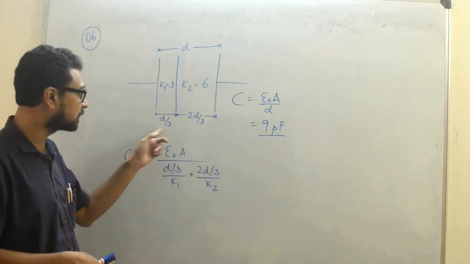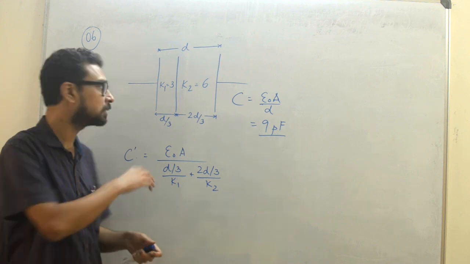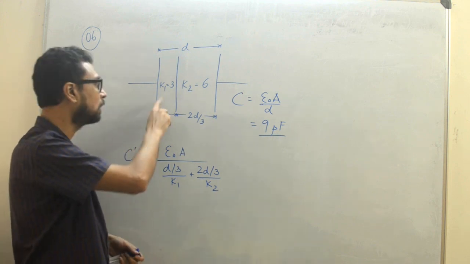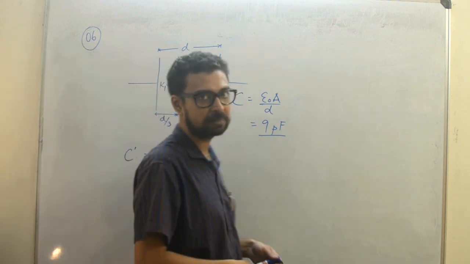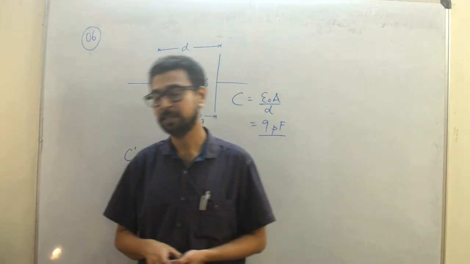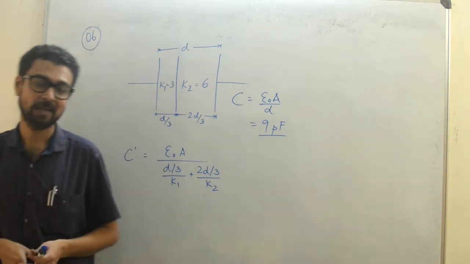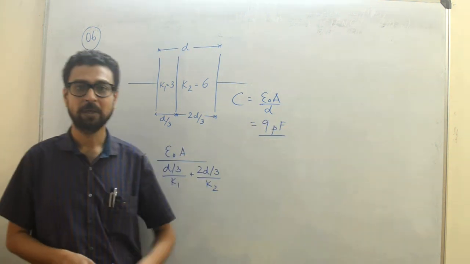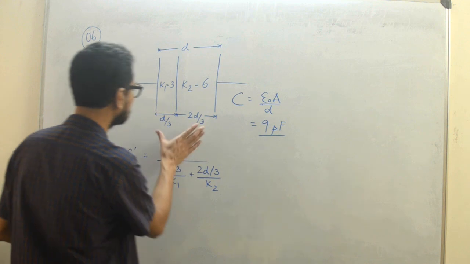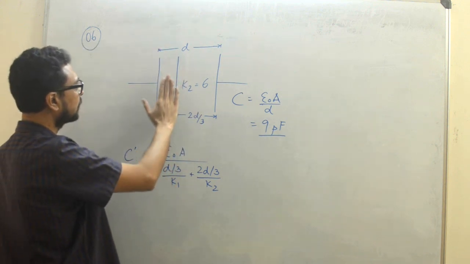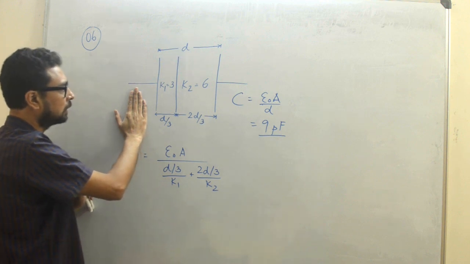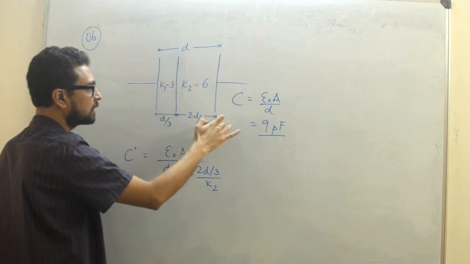They are inserted with this kind of width, that is 1/3 is k1 equals 3, and 2/3 is k2 equals 6, and we have to find the effective value of the capacitance of this arrangement, provided without dielectric they had a capacitance of 9 picofarad. Okay, first we have to understand this particular arrangement. You see, in this arrangement the total plate area is intact.